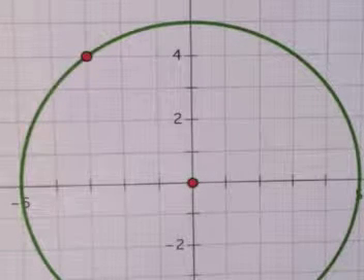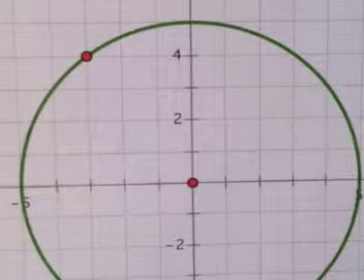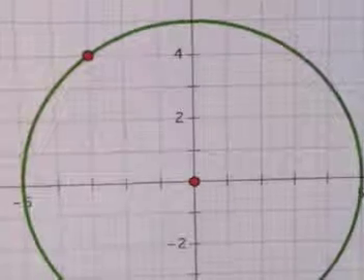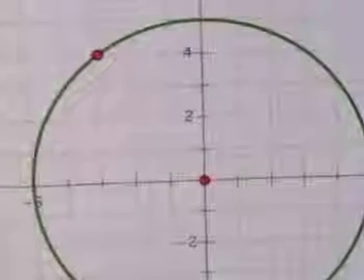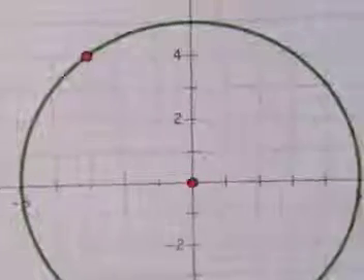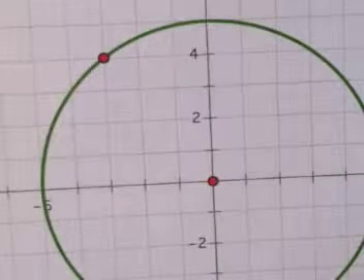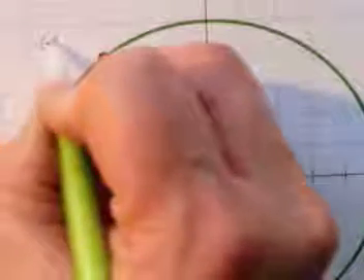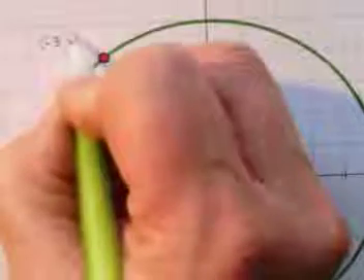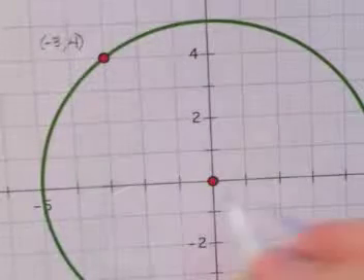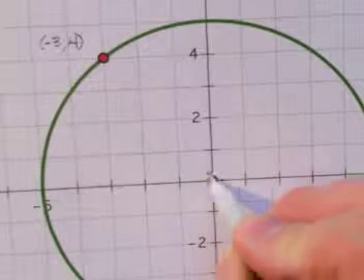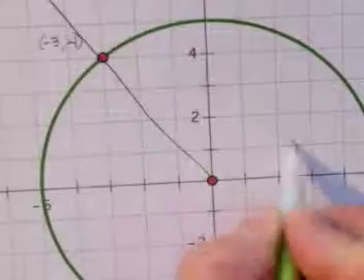And in this lecture, I'm going to take a look at a variation of what we did in part 2. So again, I've graphed a point at -3, 4, and I have made that point on the terminal side of an angle.